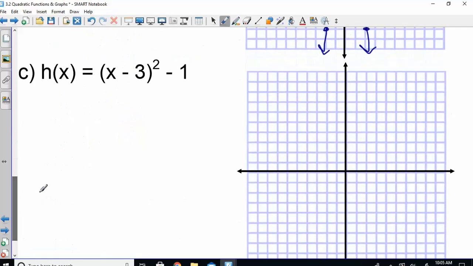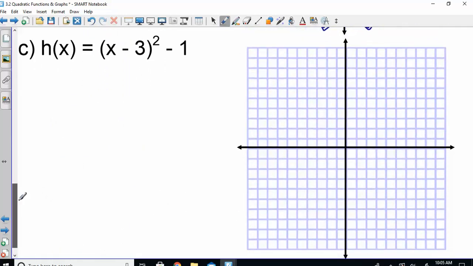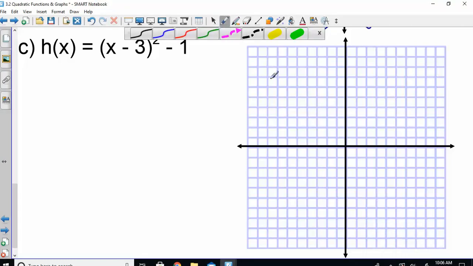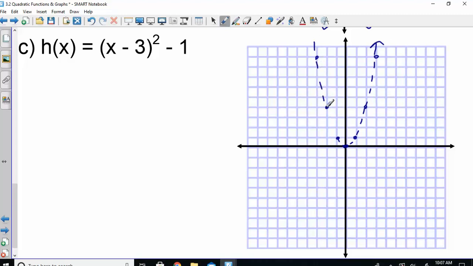Why don't you guys graph C by transformations? So do your parent function, your transformations. So what will my transformation do?